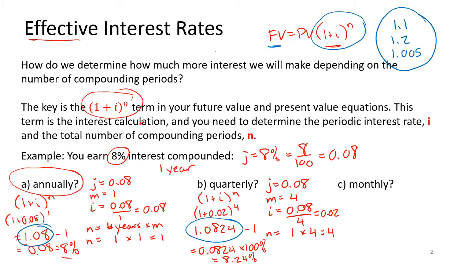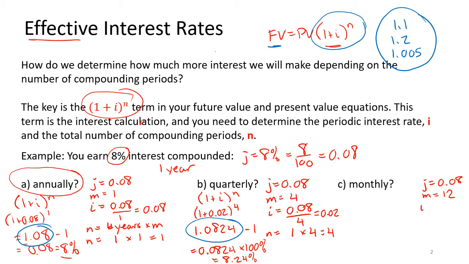Our third example, let's look at monthly. Again, j is 0.08, but m in this case is 12, because you're compounding monthly.